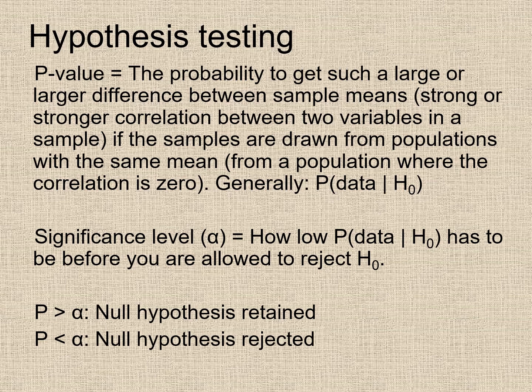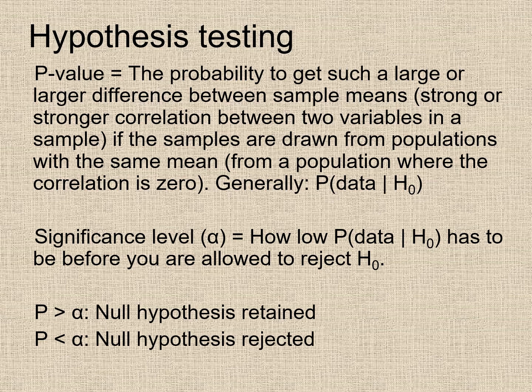In behavioral science, and usually also in medical science, this significance level is pretty much always set to 5%, so 0.05. So we say that if the calculated p-value is above 0.05, then we have to retain the null hypothesis. We are not allowed to reject it.